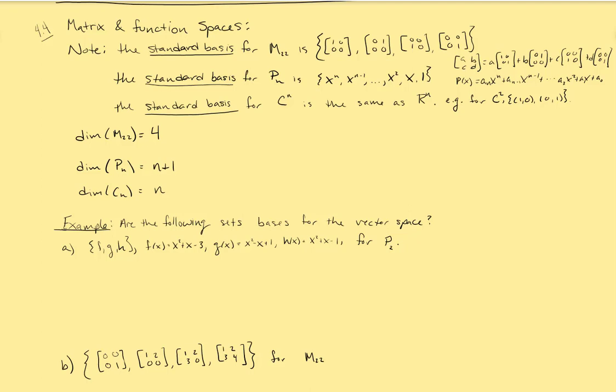Okay, now finally let's get to some of these examples. Let's see some of these in action here. Are the following sets bases for the vector space? Here we're looking first in part A at the set of functions f, g, and h, where f of x is x squared plus x minus 3, g of x equals x squared minus x plus 1, h of x equals x squared plus x minus 1.